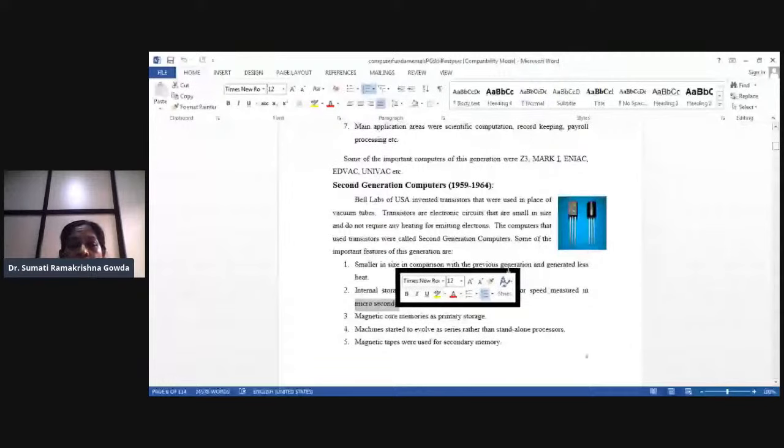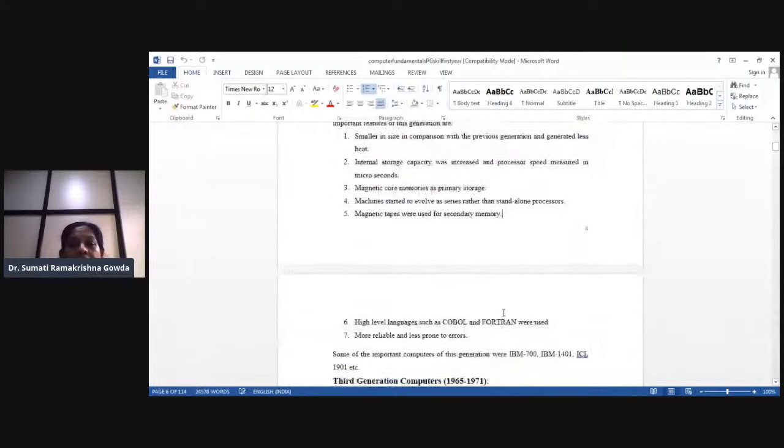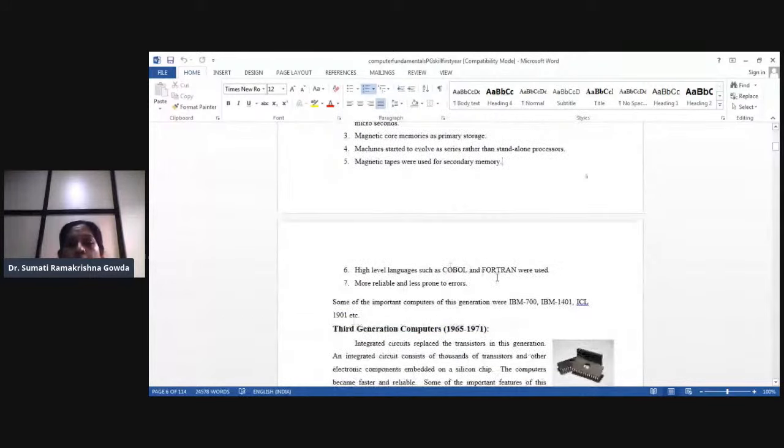Magnetic core memories were used as primary storage. Machines started to evolve as series rather than standalone processors. Magnetic tapes were used for secondary memory. High-level languages such as COBOL and Fortran were used. In the first generation, low-level languages were used; here are the advances.